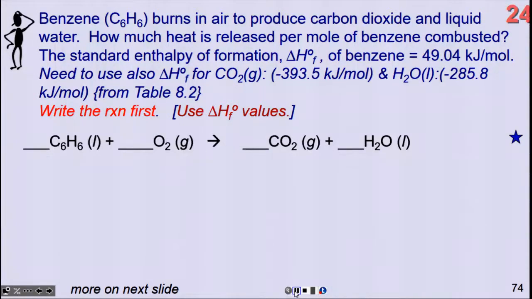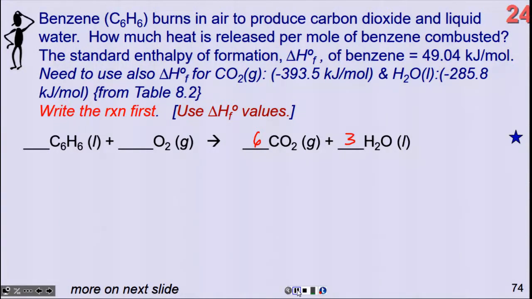So the balanced reaction. Oh, yes, we have to come up with that one and get it right. Well, let's put in some numbers. There is more than one way to balance this equation. The first way that I came up with as I worked this through, I realized that we would need to put 6 in front of the carbon on the CO2. We need some more hydrogens on the right. We need a total of 6, so put 3 on the water.